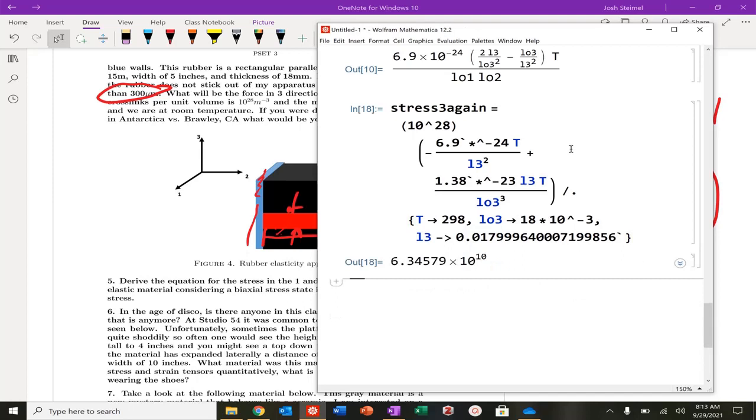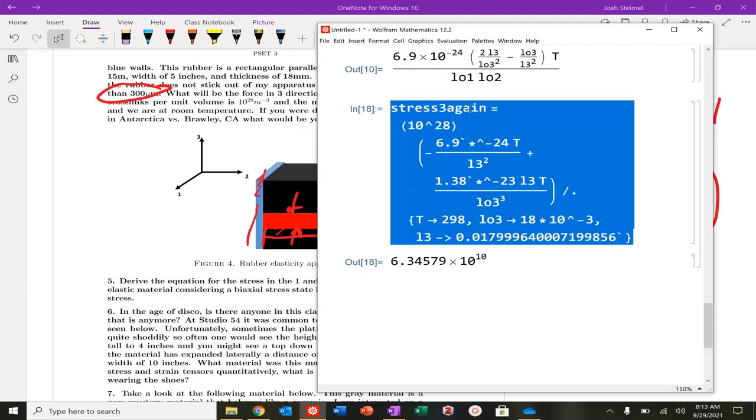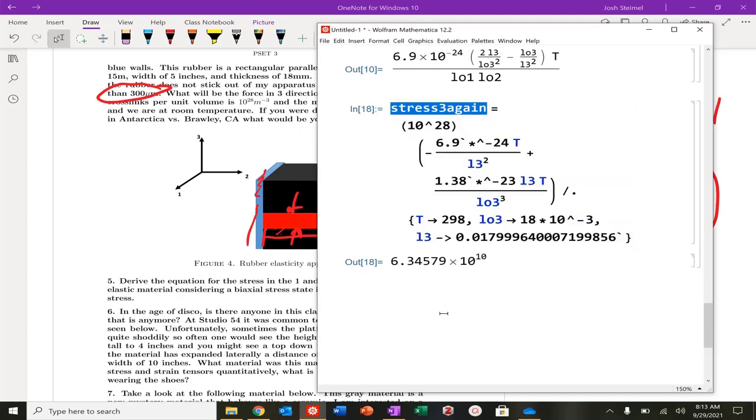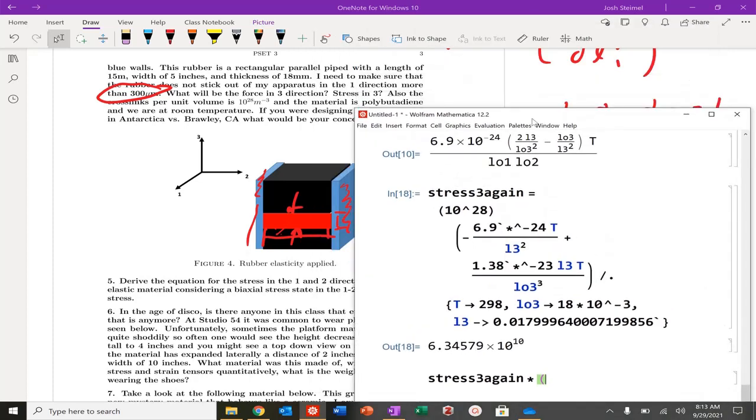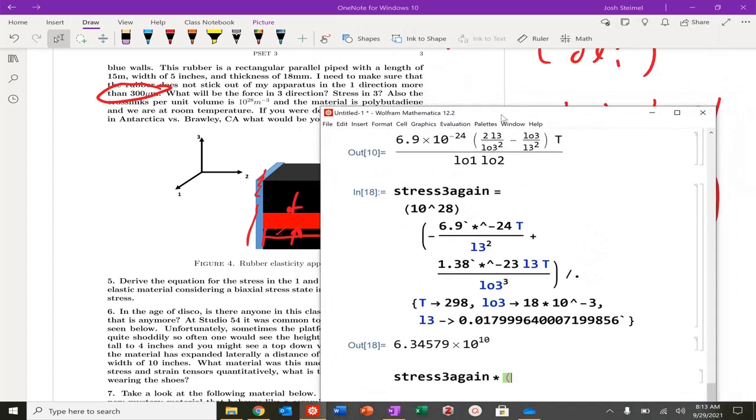For the force, we could just do stress 3 multiplied by the area. So my initial area is basically 5 times 0.0254, the width there, and then the length would be 15 meters.